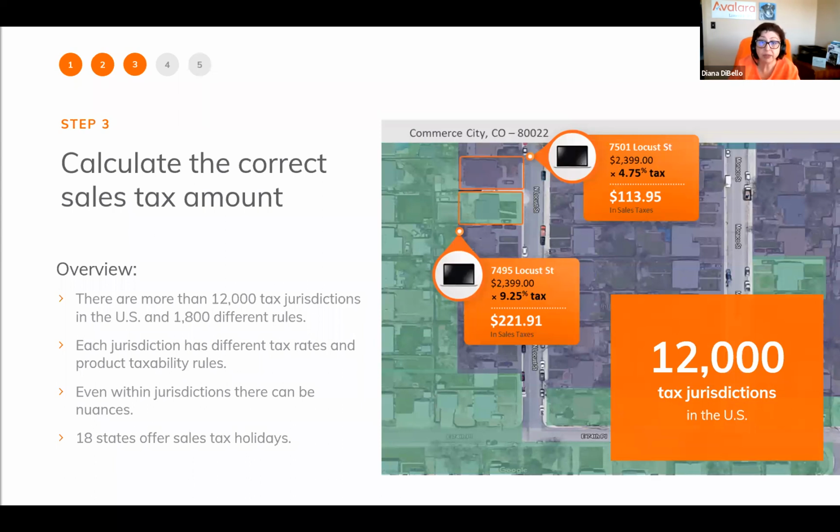Now, personally, I'd probably have my stuff shipped to my buddy's place where the rate's lower, but we won't go there today. So that just tells you if you do not have accurate jurisdiction identification, it can be a huge customer service burden. You want your customer experience to go smoothly. You don't want them to have to worry about trying to figure out how to get this merchant to get my tax correct because I know they're charging me the wrong tax.